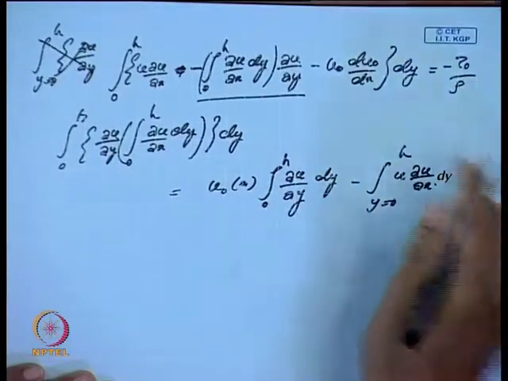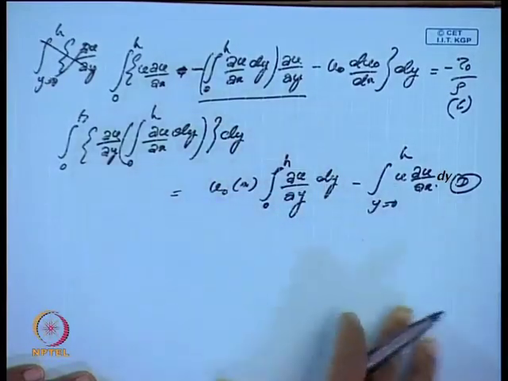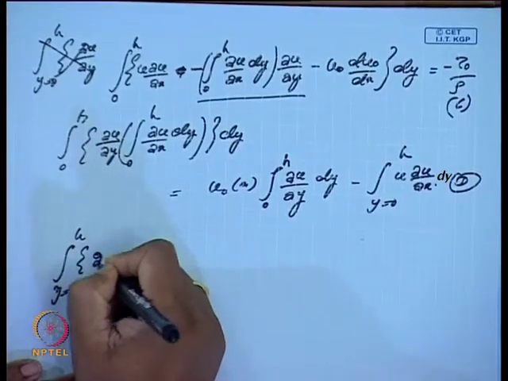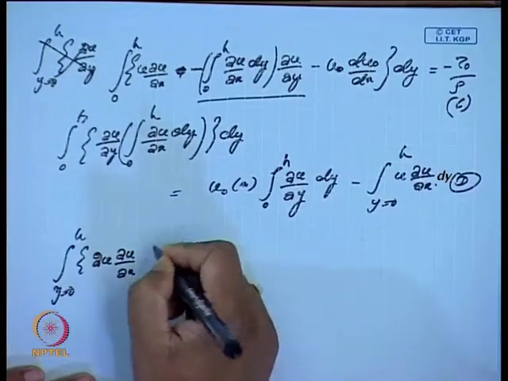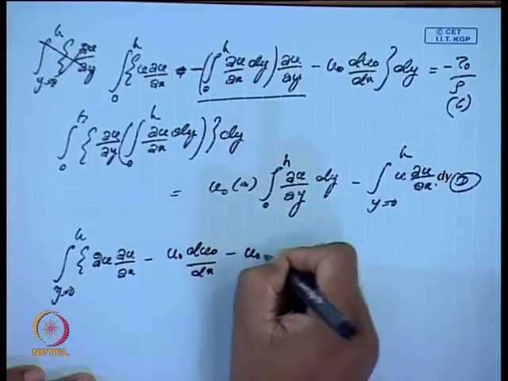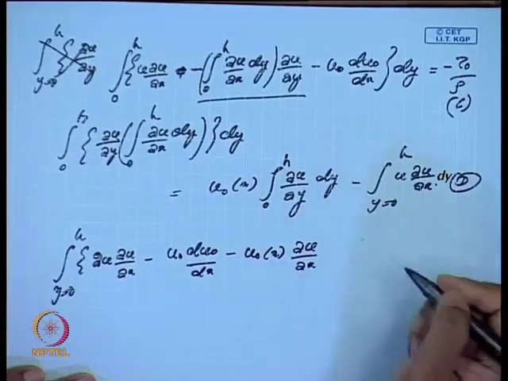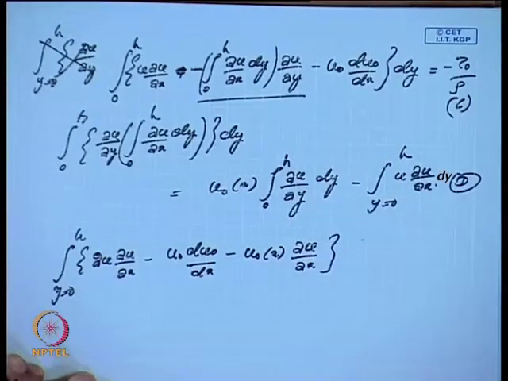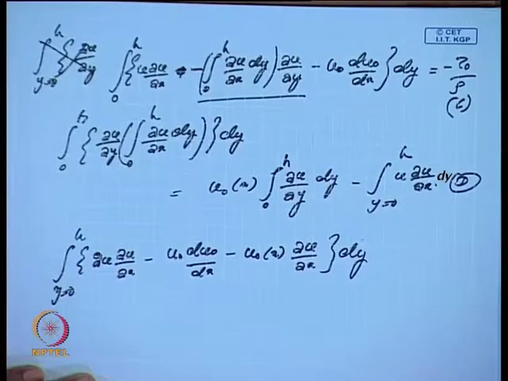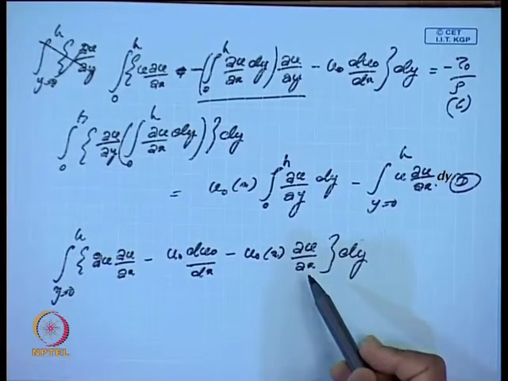Now, I will substitute for this, this is my call it c, substitute for d for the second term from d in c, and if I do that, I will get y is equal to 0 to h, that will give me 2 u del u by del x minus u naught du naught by dx minus u naught x into del u by del x, into dy.